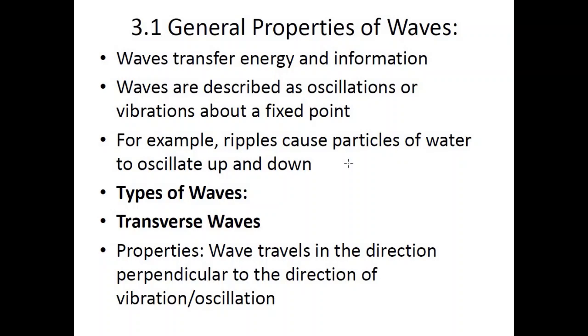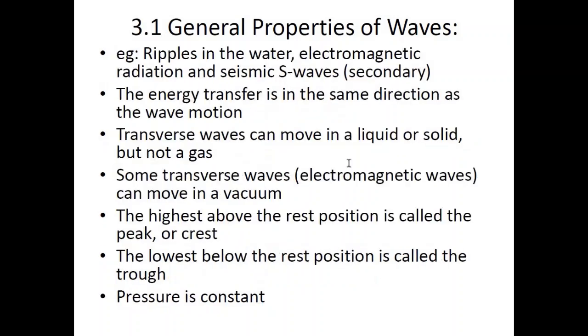What are transverse waves? The waves that travel in the direction perpendicular to the direction of vibration or motion. The direction of motion of the wave is perpendicular to the direction of oscillation.